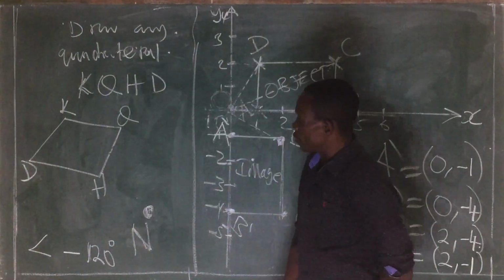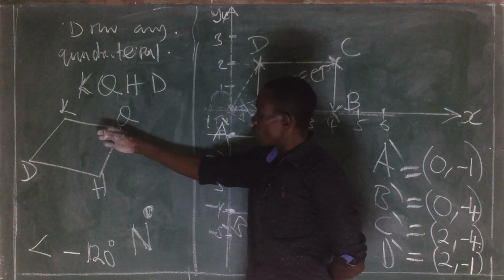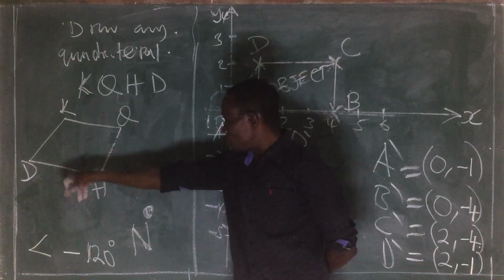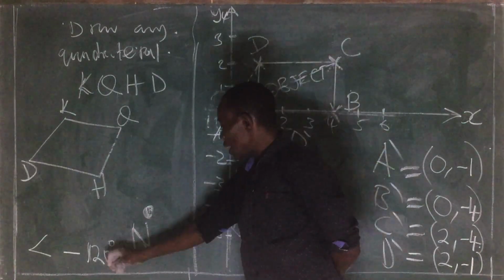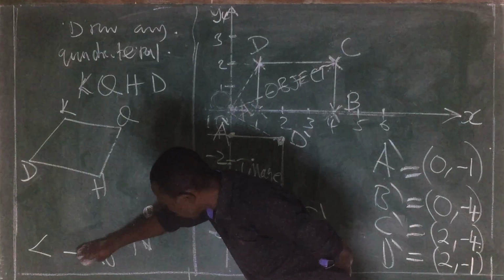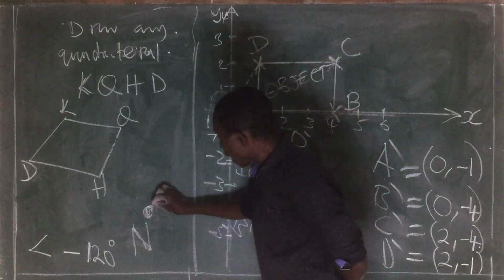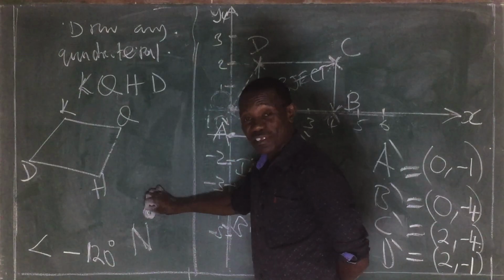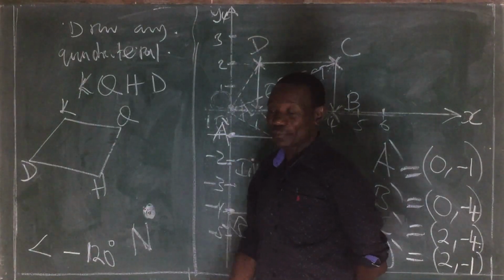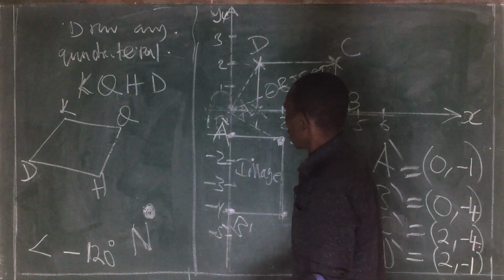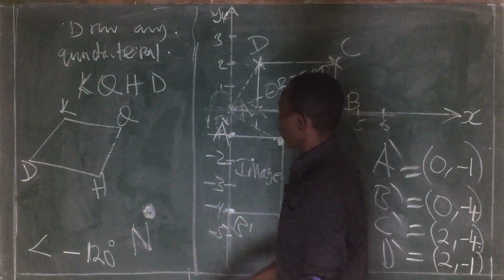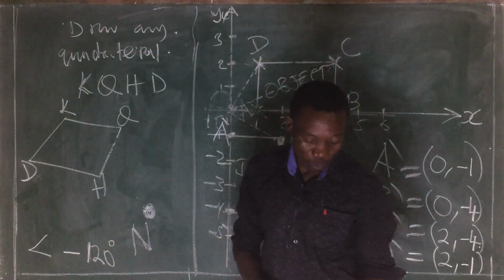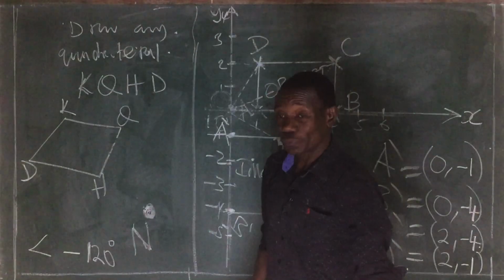So what I want you to do is simply rotate this quadrilateral KQHD with an angle of negative 120 degrees about N as your center of rotation. When you do this, it's more like you are revising what we have already done here. Then everything will be well with you.